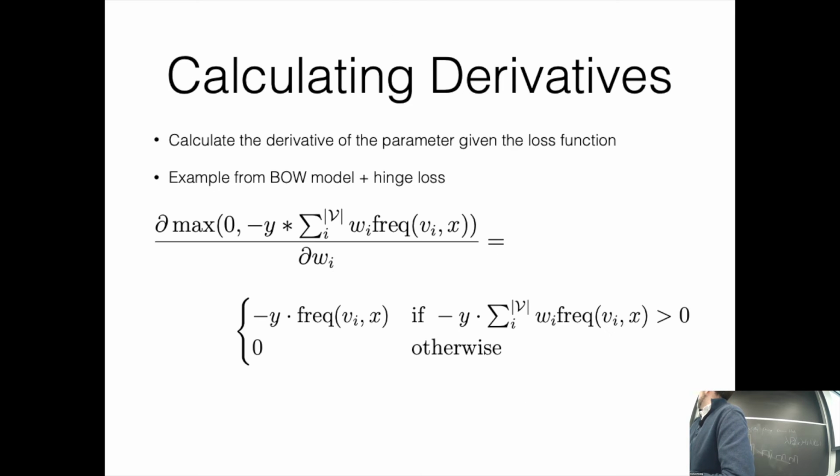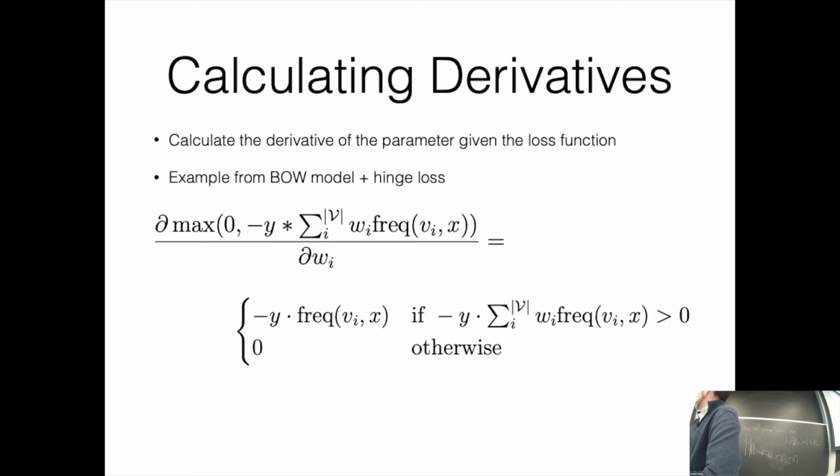Cool. So the next thing that we do is we calculate derivatives, the derivative of the parameter given the loss function. To give an example of the bag of words model and the hinge loss, the hinge loss, as I said, is the max of the score times y. In the bag of words model, the score was the frequency of that vocabulary item in the input multiplied by the weight here.